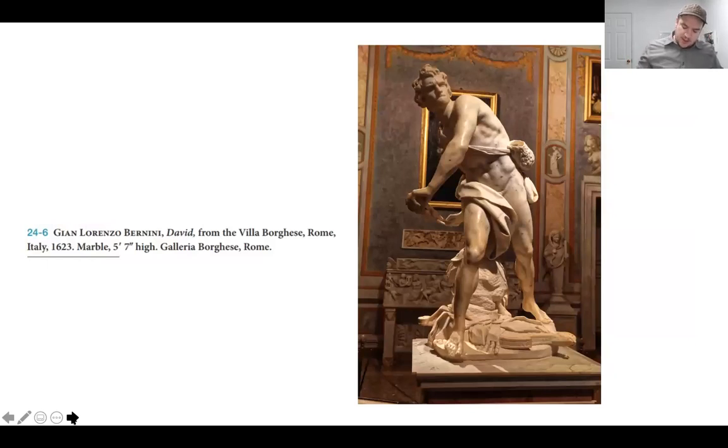In Baroque, you can tell something's Baroque because they're going to pick the most dramatic part of the story to tell, and the piece is going to be very dynamic, full of motion and drama. So this is Bernini's version of David. In the story, there's the monster Goliath, and David is one boy by himself against the giant. Bernini chose a different way to tell this story.